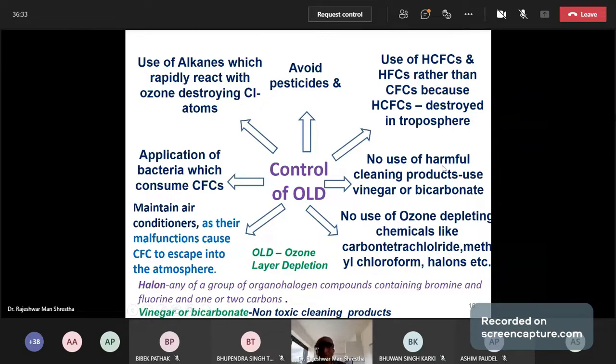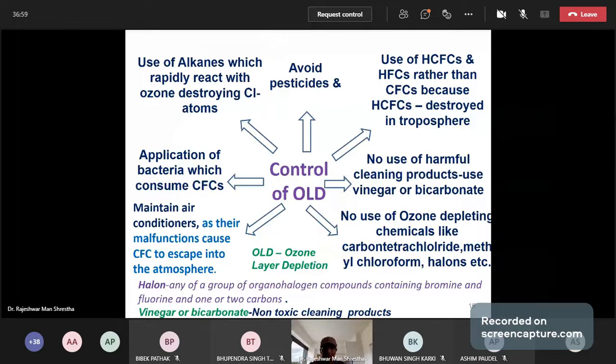And do not use harmful cleaning products; use vinegar and bicarbonate. Vinegar and bicarbonate are non-toxic cleaning products. Different types of chemicals are used to clean different types of materials, but these should not be used.